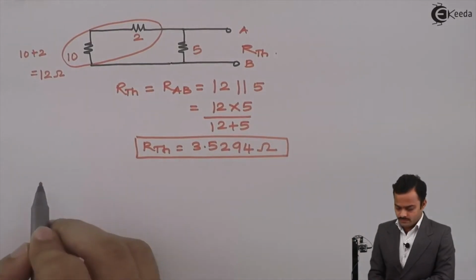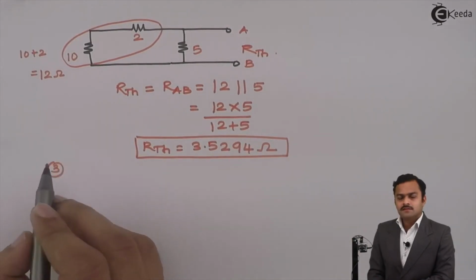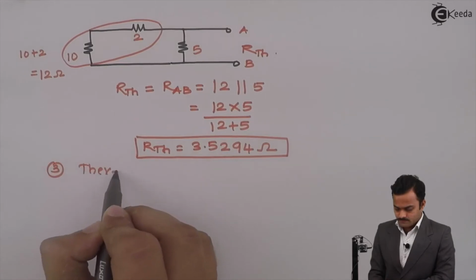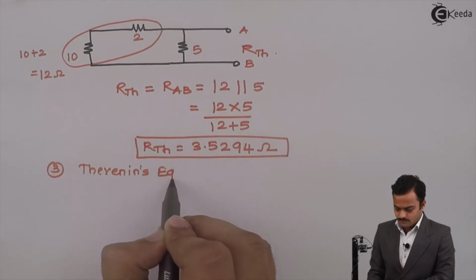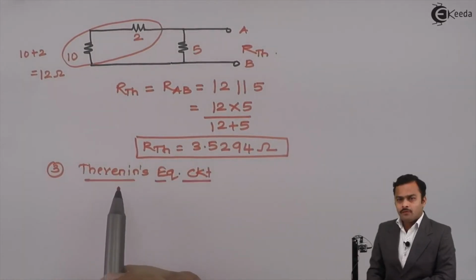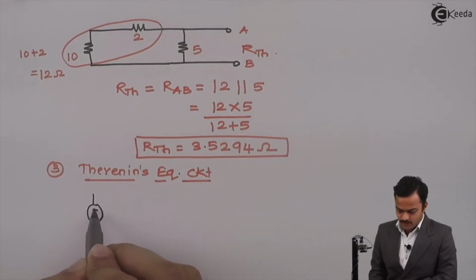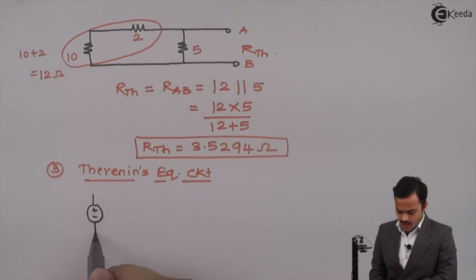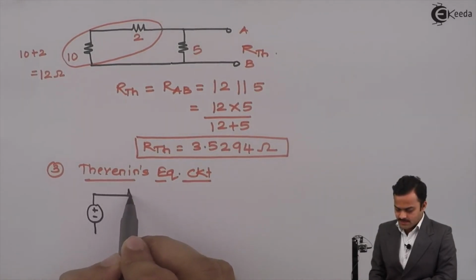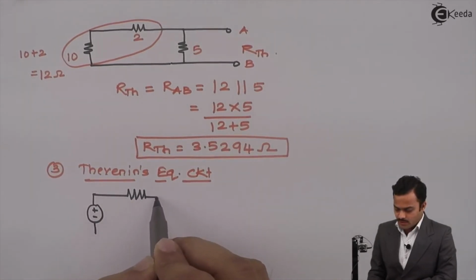Second step is over. Third step, Thevenin's equivalent circuit. We have a voltage source of value Vth, which we have calculated just now, and a resistance in series with Vth, which we call RTH.